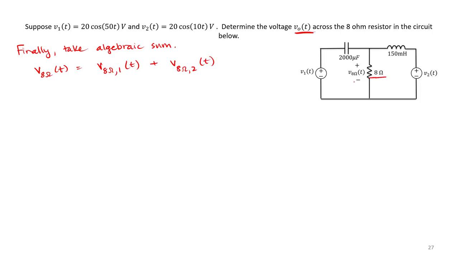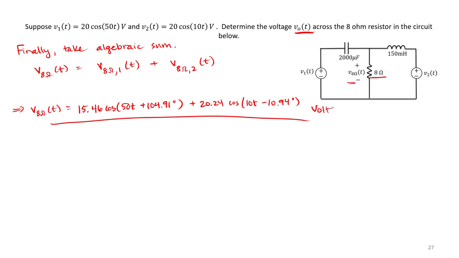Notice we're asked for the final voltage as a function of time, so we need to add our cosine forms of the voltage. We substitute everything in, and we determine the following. And there you have it.